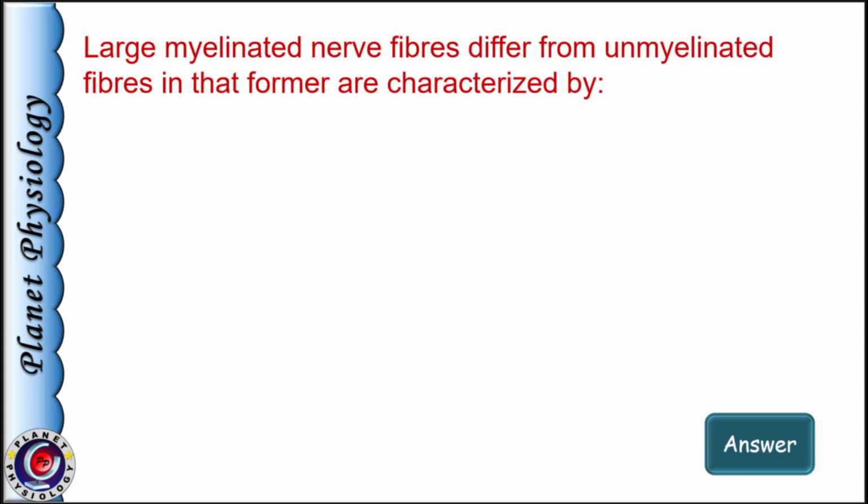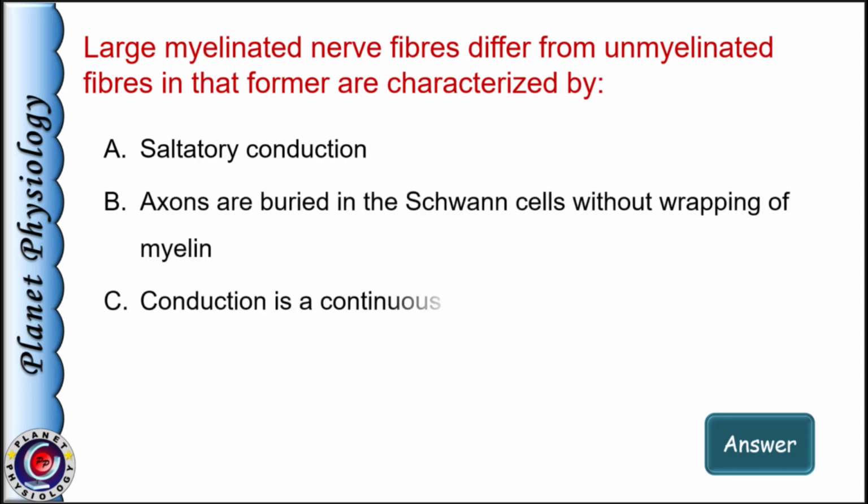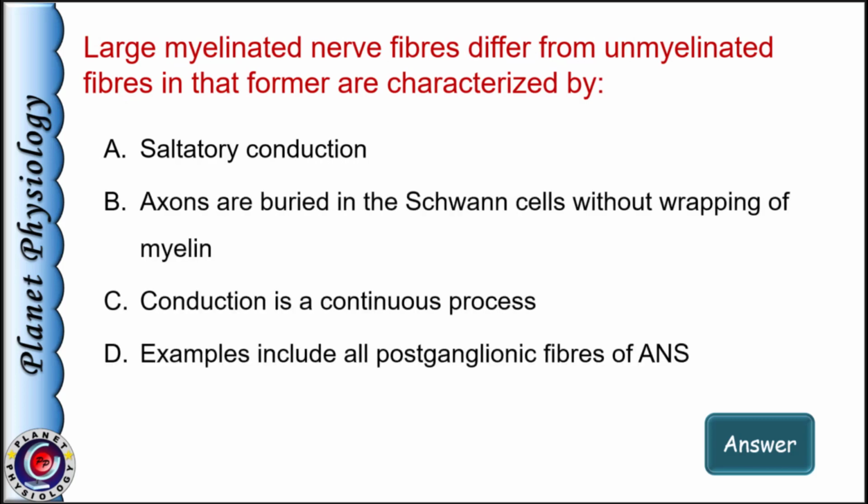Next question. Large myelinated nerve fibers differ from unmyelinated fibers in that the former are characterized by A. Saltatory conduction, B. Axons are buried in the Schwann cells without wrapping of myelin, C. Conduction is a continuous process, and D. Examples include all postganglionic fibers of autonomic nervous system.